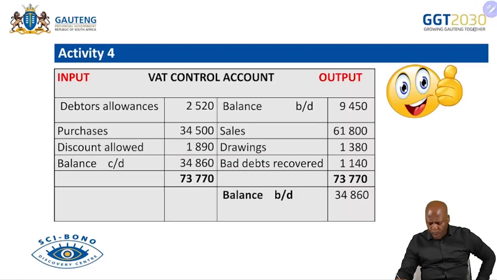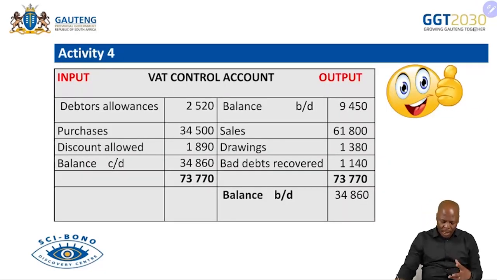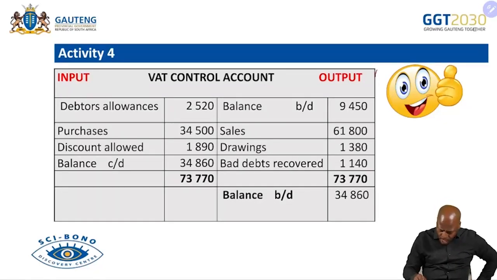Now, let's see how to look now when it's a composite thing. Here is my VAT control account. So how do I close it off? I would add first my credit side, and then I get my 73,770, and then I bring it also here, 73,770. Then I now subtract my 2,520. I subtract my 35.4, 1,890.